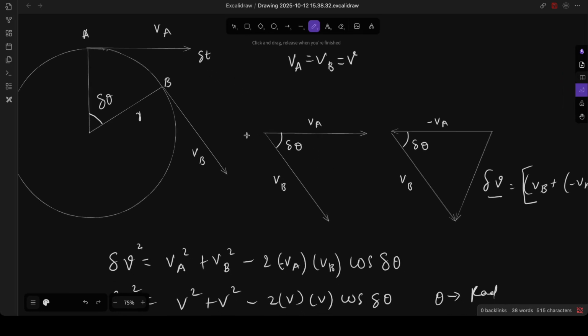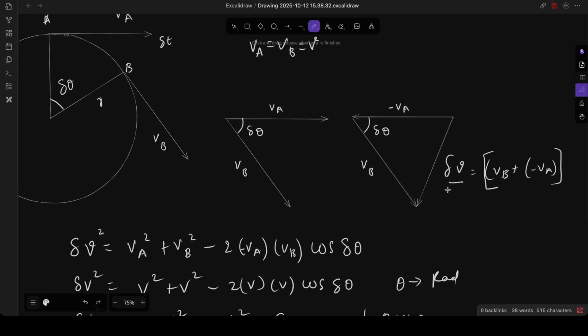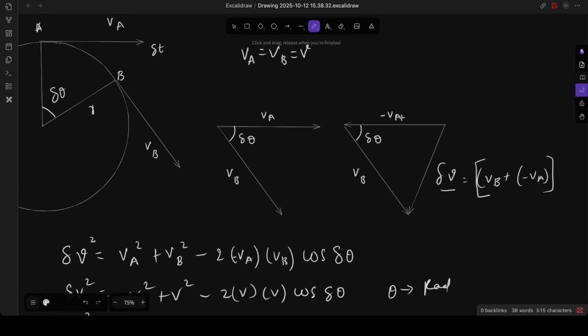So now, using vectors, I put VA and VB in a triangle form. Then obviously I cannot find the result directly. I can find the resultant, but for simplicity I just reverse it, so it becomes minus VA. Now it's from tail to head, and this is nothing but the change in velocity. Why is it the change in velocity? Because the resultant vector is the sum of vectors, and this becomes negative VA.